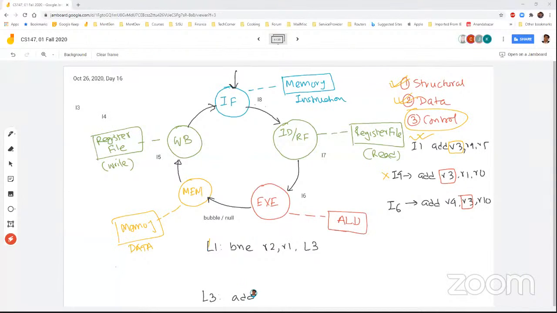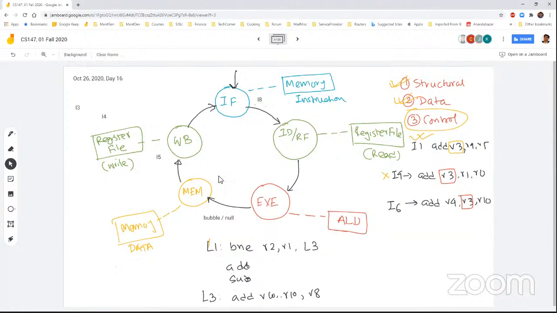L3 is something, let's say R10 is R10, R8, something like that. And we have some more in between, some add, some subtraction, etc. Doesn't matter. Now the matter is this.